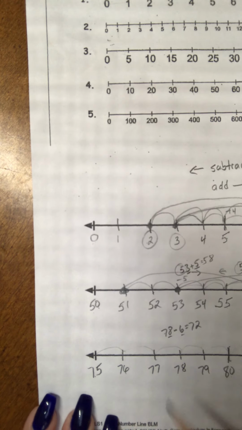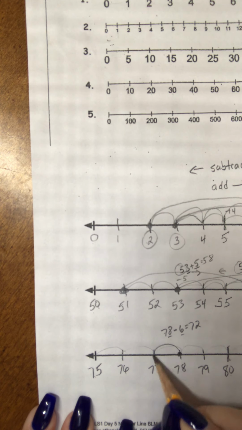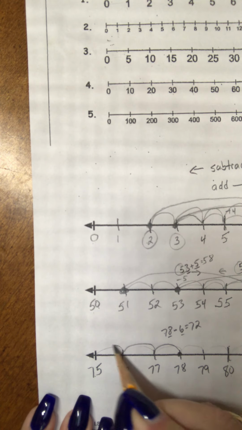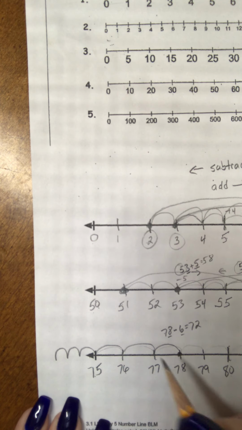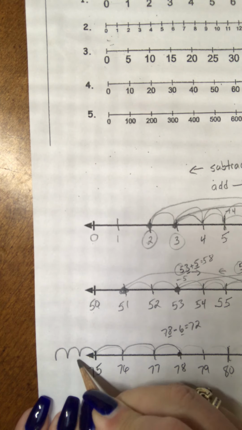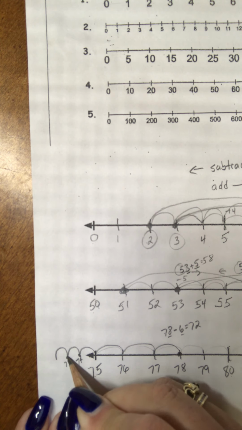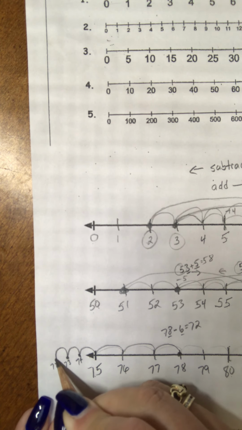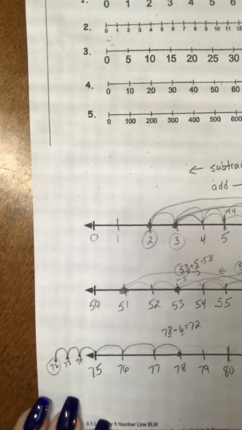So let's try it just for practice. Here's 78. We're going to take away 6. 1, 2, 3, 4, 5, 6. 75, 74, 73, 72. So where the hops land, that's your number.